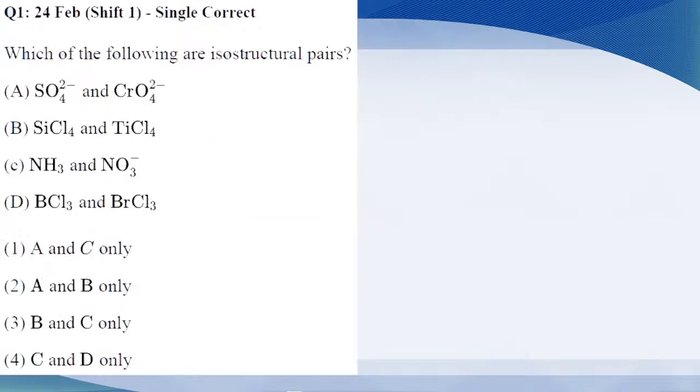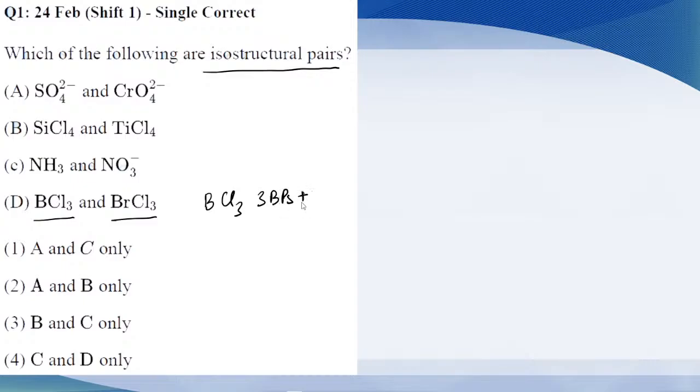Now come to this. Which of the following are isostructural pairs? Let us start with D. BCl3, BrCl3. In BCl3 there are three bond pairs.